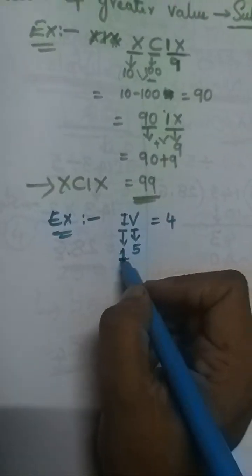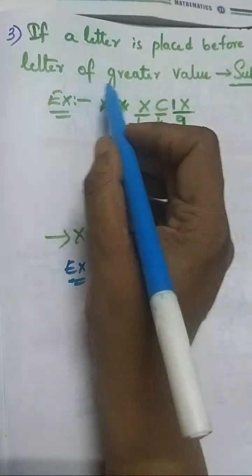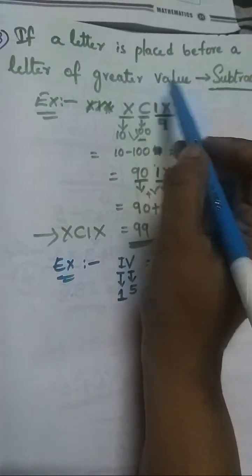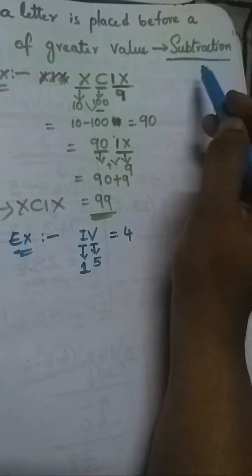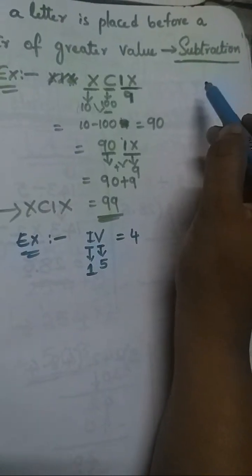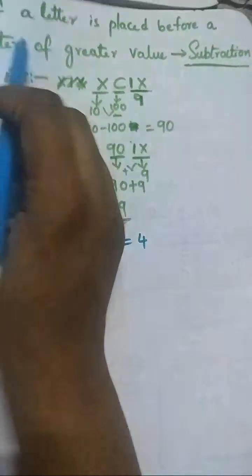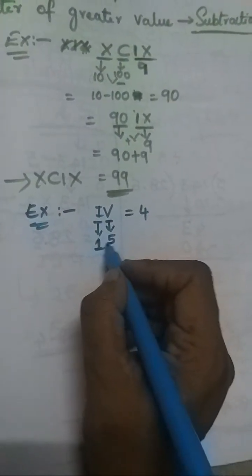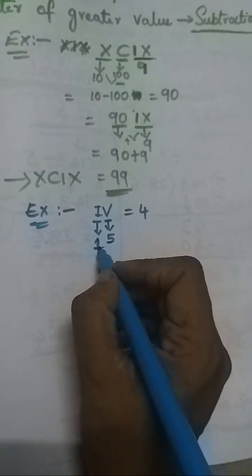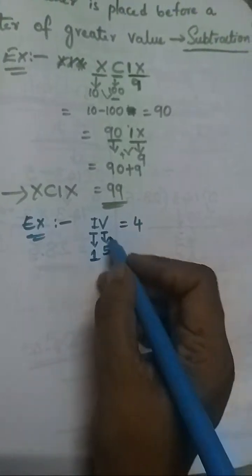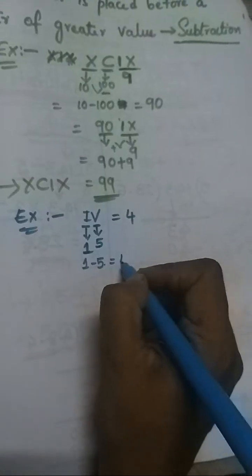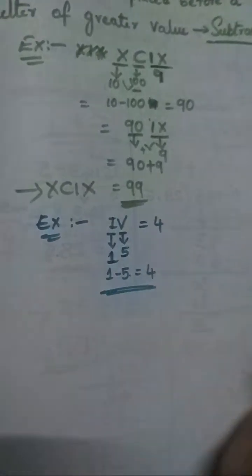Before this greater number we have a smaller number. Okay, if a letter is placed before a letter of greater value, before means 5 is the greater value and 1 is smaller, then we have to subtract this. 5 minus 1 means 4 we get. Like this we have to do.